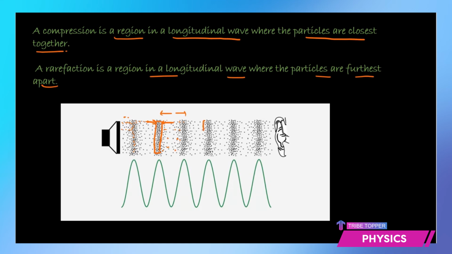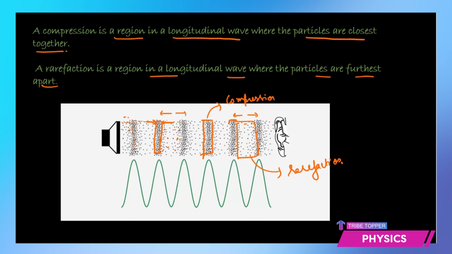So these points where you can see they are closer together refer to compressions, and the points where you see the particles are further apart, this one, refer to the rarefactions. Rarefactions are where the particles are vibrating in the opposite directions, like this, and they move away from each other.